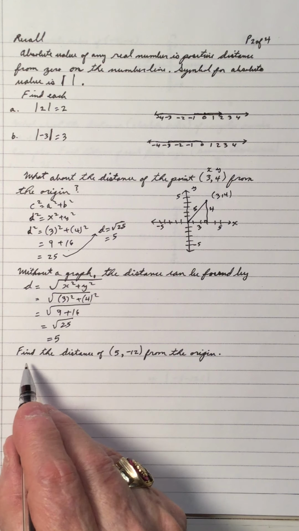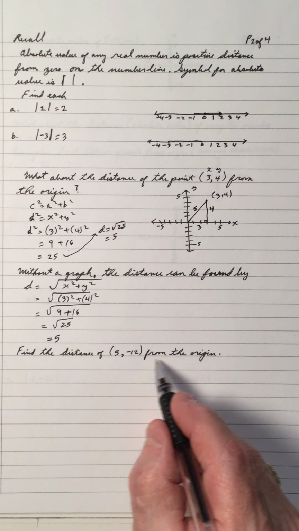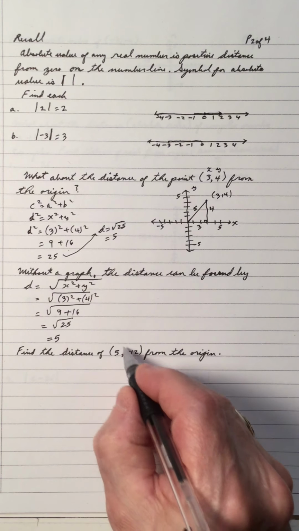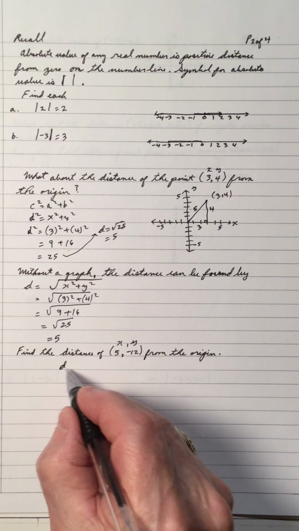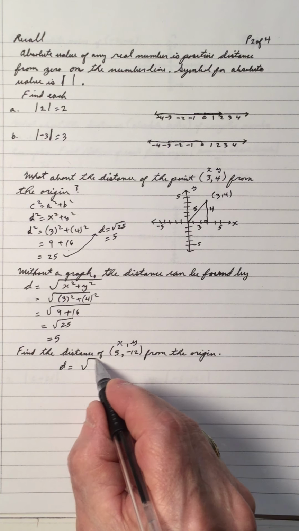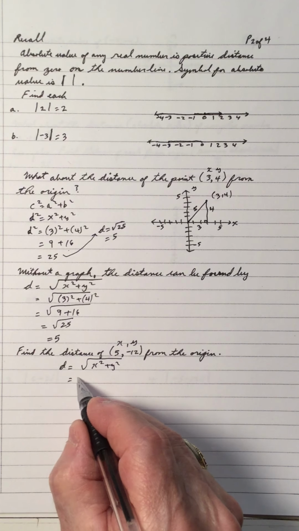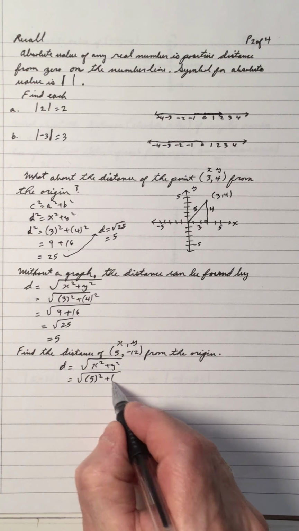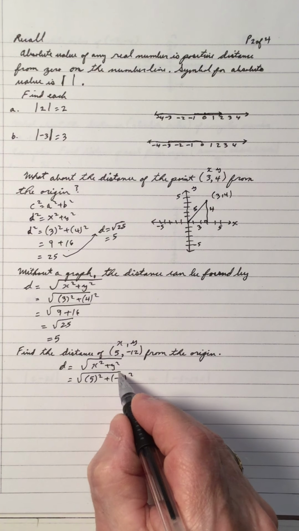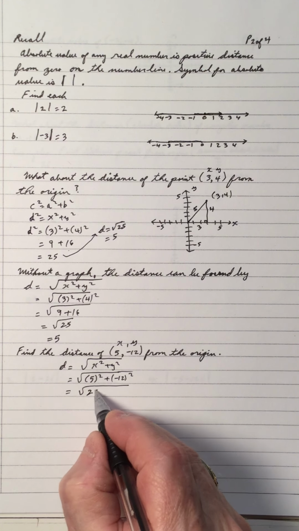To do another example, find the distance of the point 5, negative 12 from the origin. Well, x is 5, y is negative 12, so d equals the square root of x squared plus y squared. We square 5. 5 times 5 is 25.